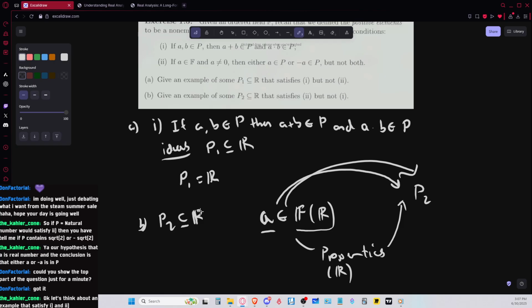Does that mean we have to actually change the property of a to be some sort of other number? But we can't because it's in the field. Okay, let's think about an example that satisfies 1 and 2.